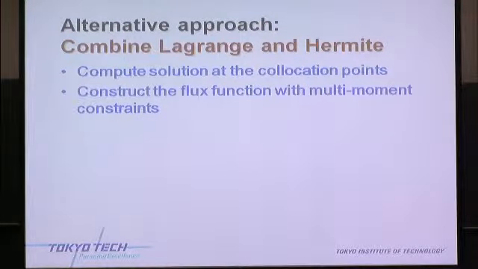But for a second stage, to construct the flux function here, we use the multi-moment constraint. We do not limit ourselves to the point value which is used in a Lagrangian interpolation.